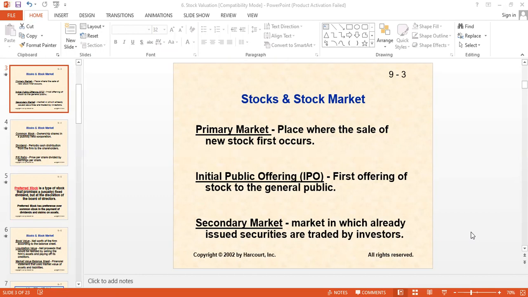This process of selling stock for the first time takes place through a process known as IPO. I own a company and I am selling my shares for the first time. This sale is known as the primary market, but it takes place through a process, and that process is known as IPO, initial public offering.